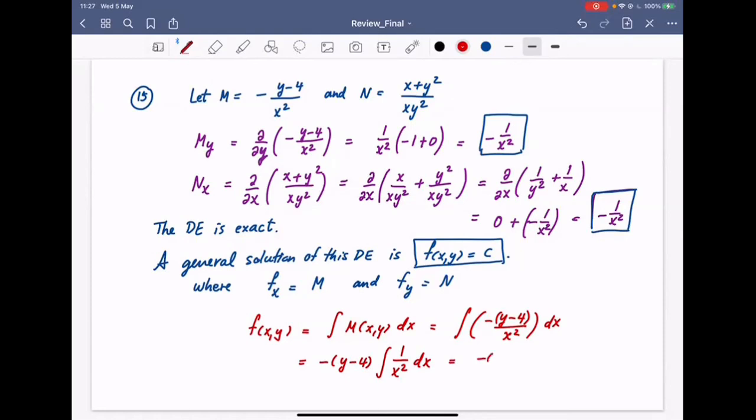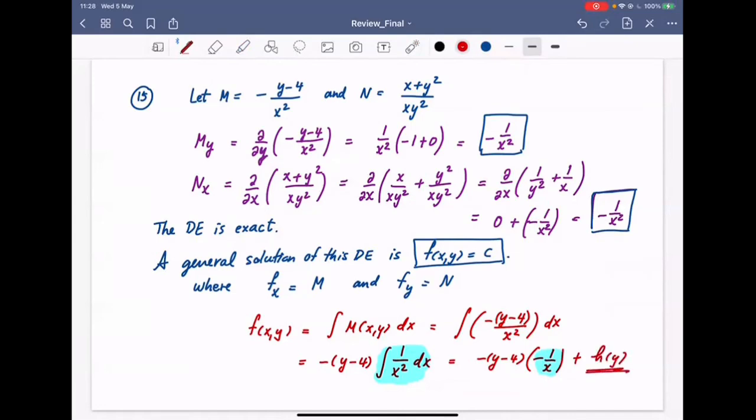So negative y minus 4, integrate 1 over x squared, so you get negative 1 over x. Maybe it's too fast for you, but you can try integrating by switching to x to the negative 2, and then you integrate x to the negative 2, so you get x to the negative 1 over negative 1, which is the same thing as negative 1 over x. This is the skill from Cal 1 that you need. And then plus some constant, but the constant here is going to be a function of y.